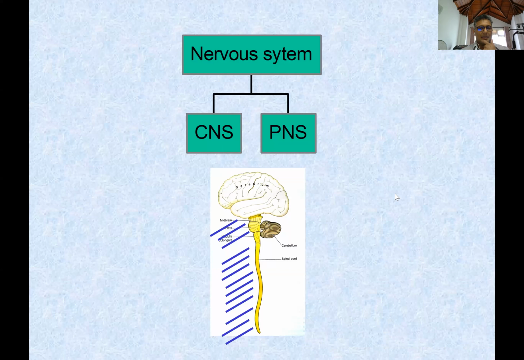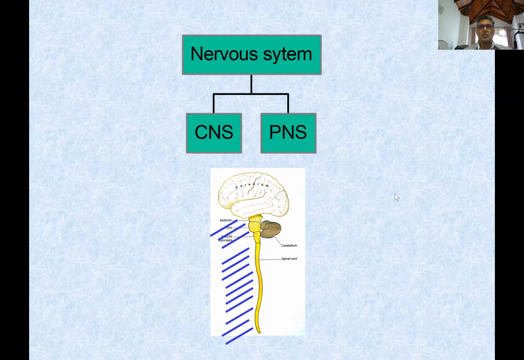During the previous lecture, we discussed different ways of classifying the nervous system into different parts. We said we can classify it as voluntary and involuntary, somatic and autonomic, somatic and visceral, and central nervous system and peripheral nervous system.